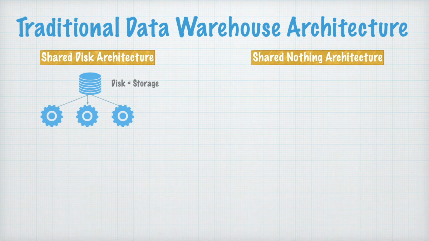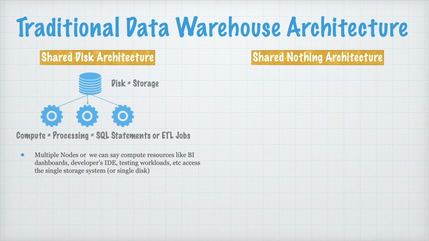In a shared disk architecture, you have a disk, which is also called storage, and you have compute, which is nothing but processing, and in general we access that compute through SQL statements or ETL jobs. So multiple nodes, or we can say compute resources like BI, dashboards, or developer IDEs, access this single storage system using multiple compute environments.